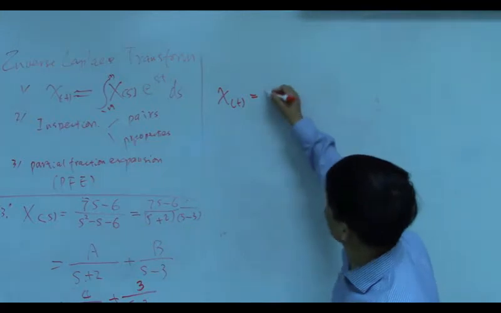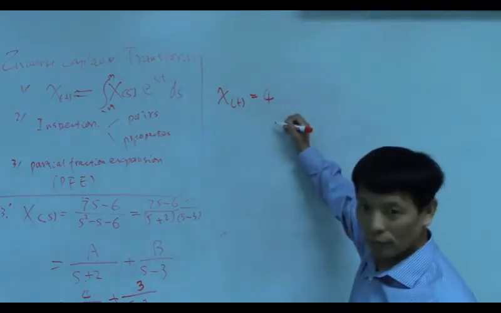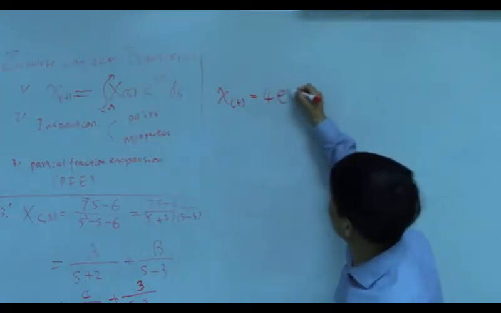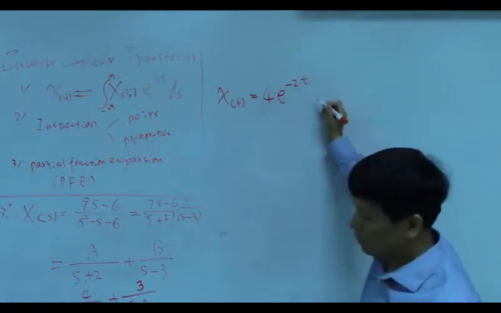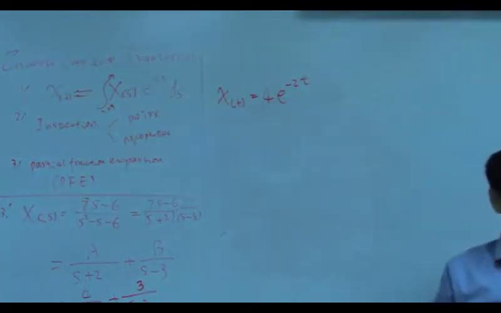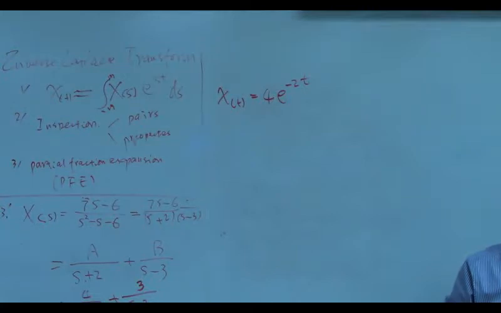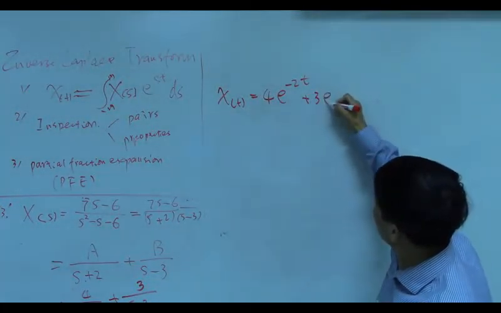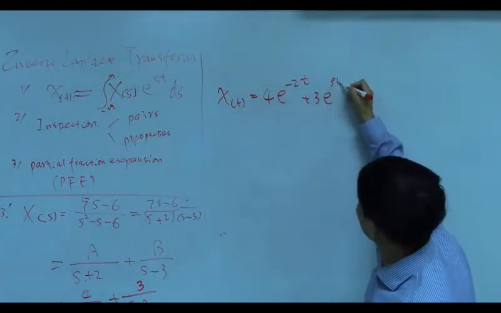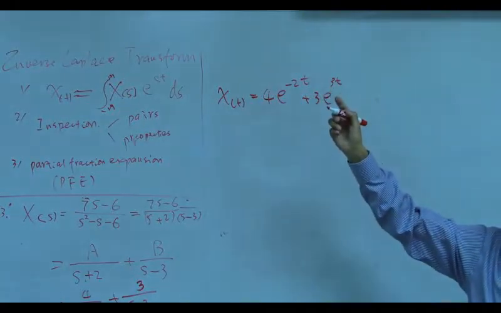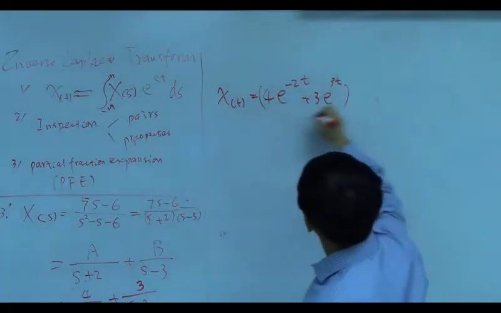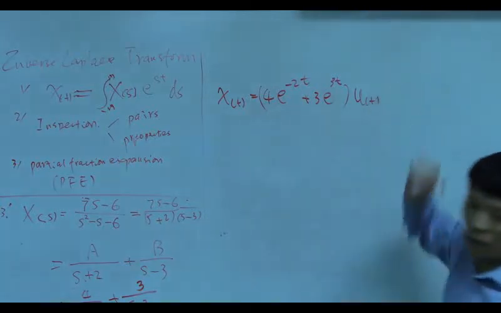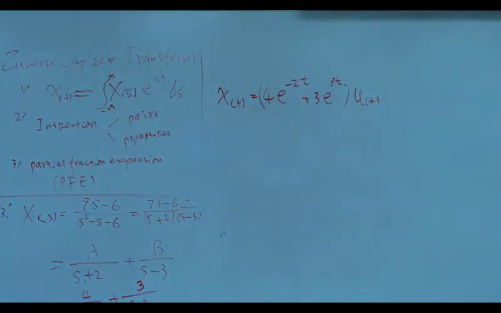So that will be 4 e to the negative 2t times u(t). What's the second one? Plus 3 e to the positive 3t, all together with the u(t) here. Alright, that's it.